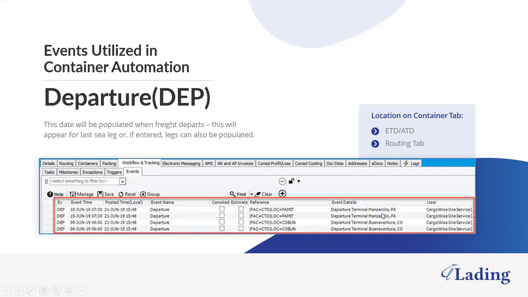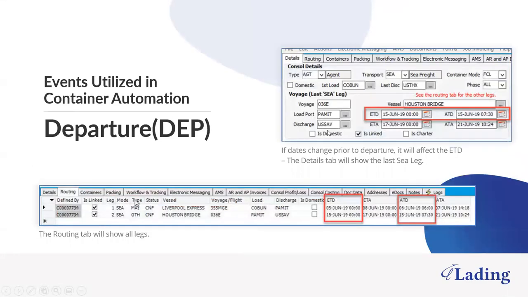Now, where does this show in your consolidation? Look at this. My last sea leg is the 15th, so it shows the date of the 15th. But if you look down here, if I put in my proper legs, and this is very important, guys, you've got to have the right UN locos here.